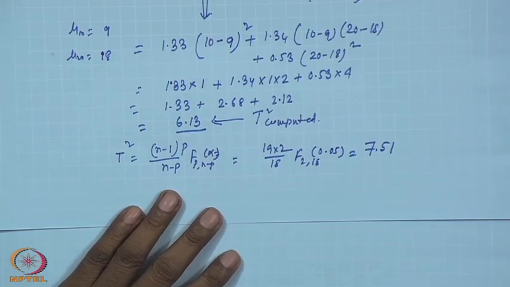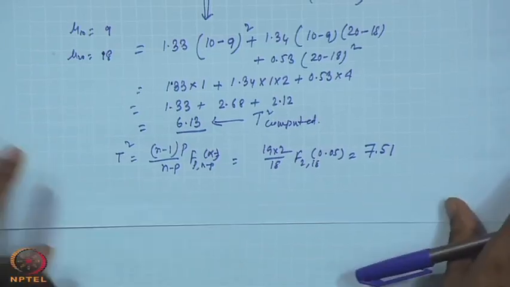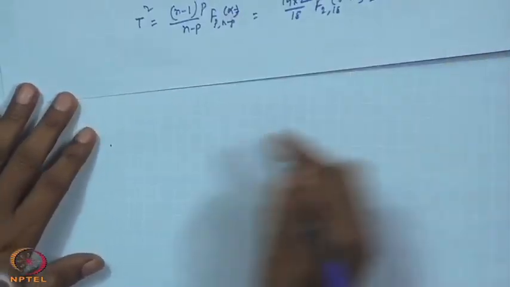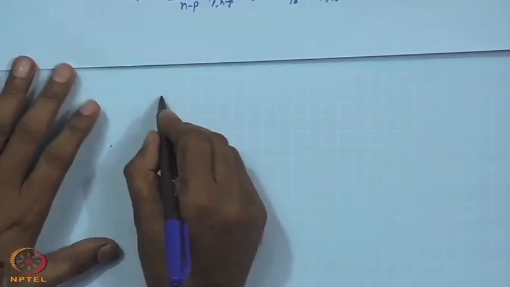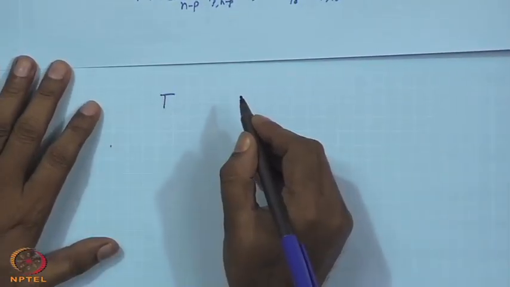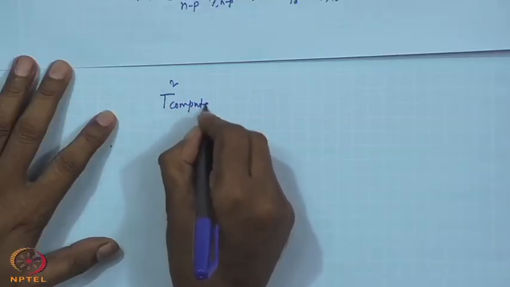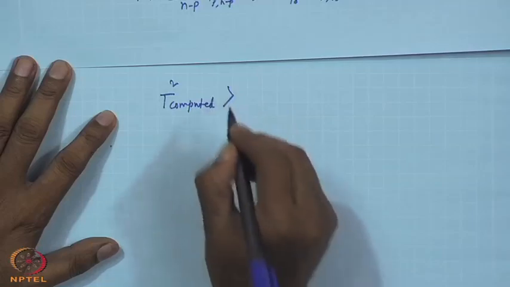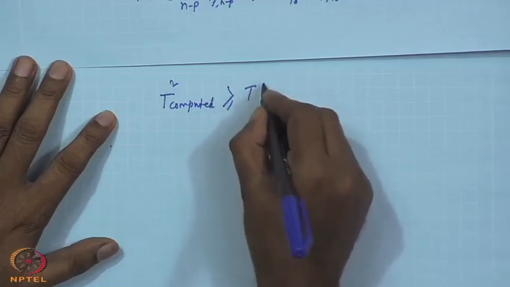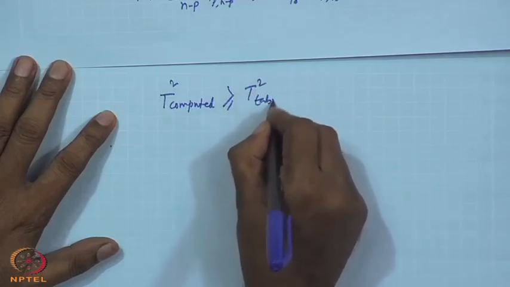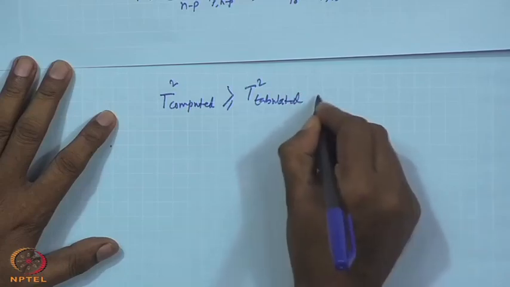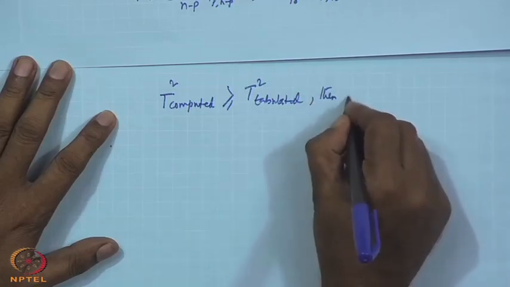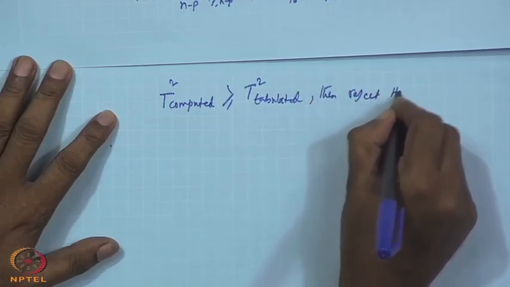So, reject or accept? Why reject? Will you accept or reject? If T square computed is greater than or equal to T square tabulated, then reject H0.